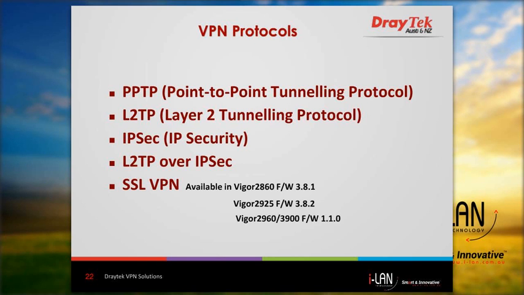And the layer 2 tunneling protocol, which is L2TP, is a combination of PPTP and layer 2 forwarding protocol. L2TP uses UDP port 1701 to send messages over IP networks. And for this, it also uses a username and password for tunnel authentication.